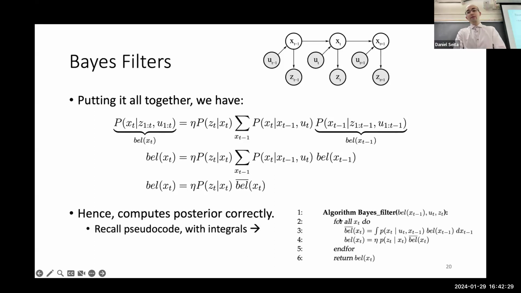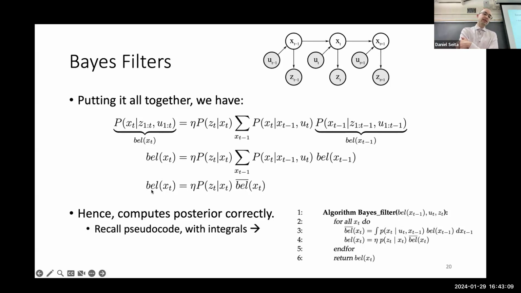So again, you have the pseudocode here. What we've just shown is that if you take this math term, expand it out and express it as the prior belief, you get something that's exactly this. So belief of xt is equal to the normalized probability of the sensor reading times this term, which considers the transition probabilities for each of the prior states.